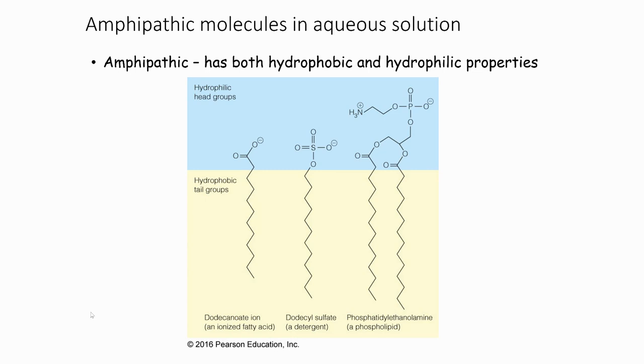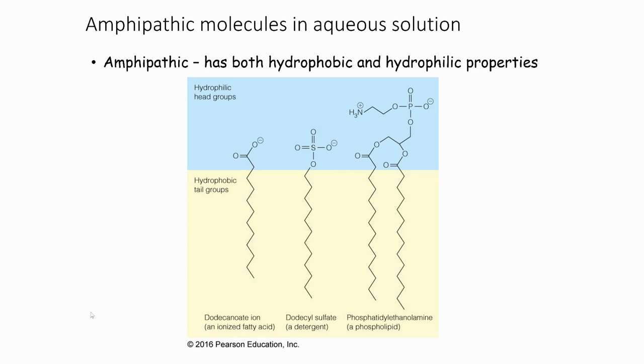Almost everything we look at falls into a kind of gray area, and the gray area is these amphipathic molecules. These have both hydrophobic and hydrophilic properties. A great example is fatty acids.